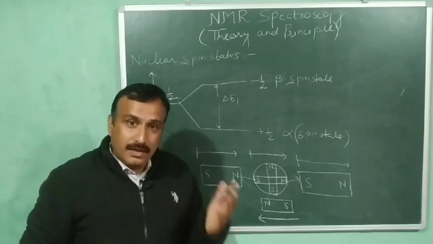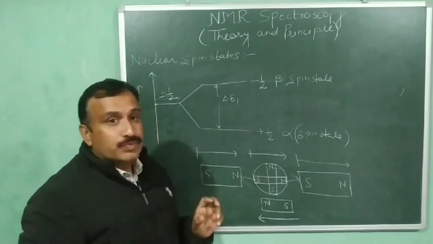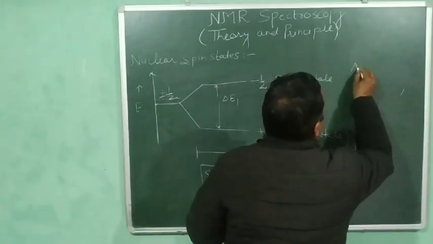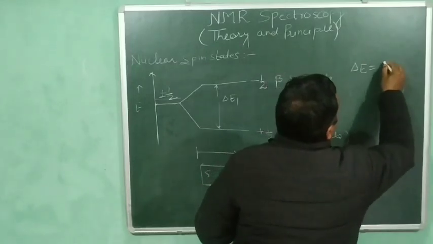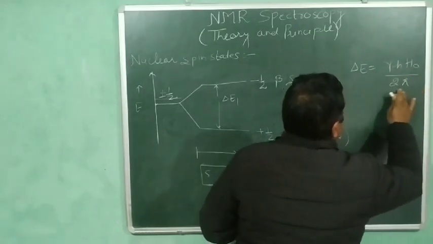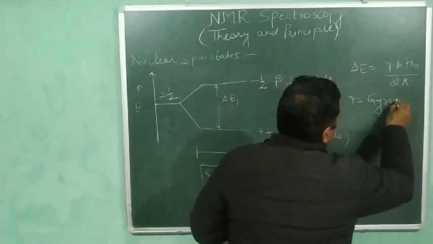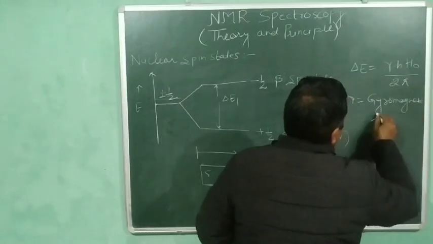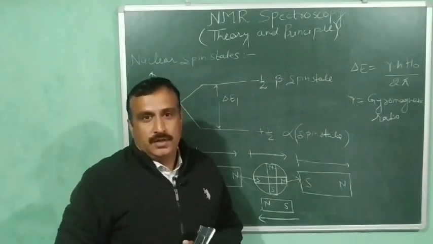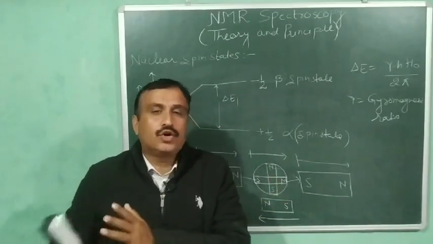It means that if I increase the external magnetic field, then the energy difference between these two spin states will increase, because the difference between these two energy states is given by the formula delta E equals gamma h H naught upon 2 pi, where this gamma is called the gyromagnetic ratio, and it is a nuclear constant equal to the ratio of the angular momentum of the nucleus to the magnetic moment of the nucleus.